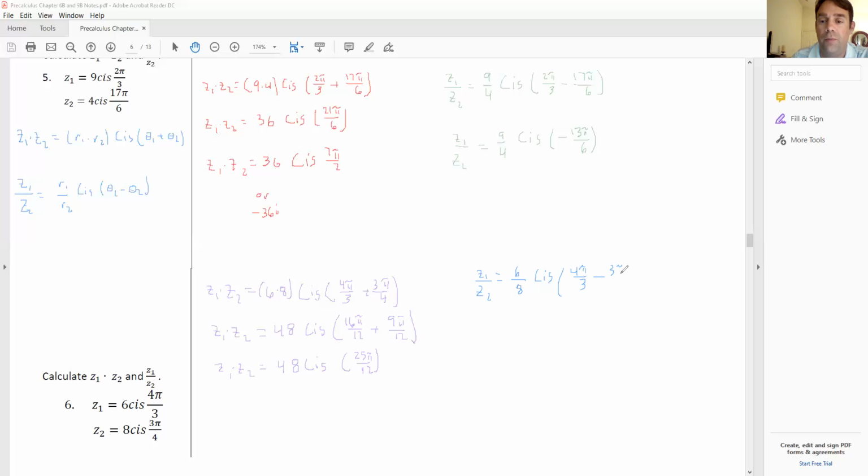So in other words, 16 pi over 12 minus 9 pi over 12, and we already have those over there. So we can go ahead and do this one a little bit quicker. So 6 divided by 8 would be 3 fourths. Cis 7 pi over 12. And friends, we are great.